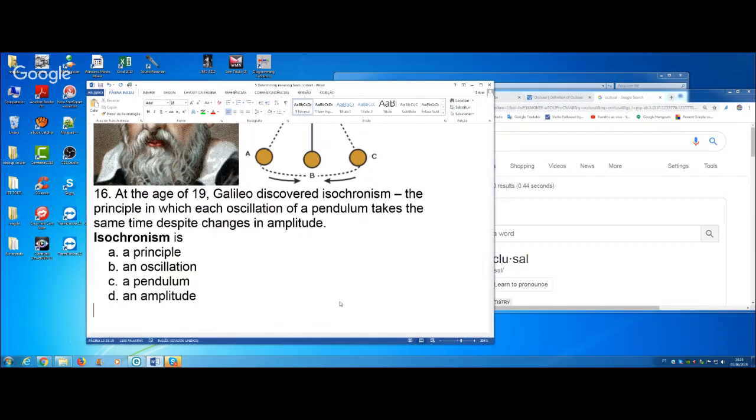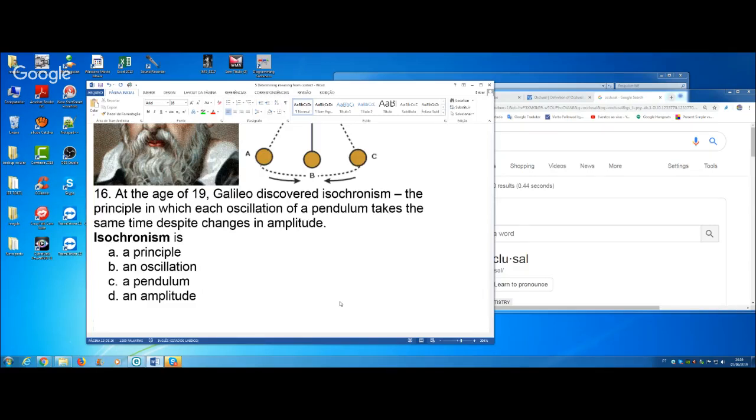Okay, Steve, yours. At the age of 19, Galileo discovered isochronism, the principle in which each oscillation of a pendulum takes the same time despite changes in amplitude.